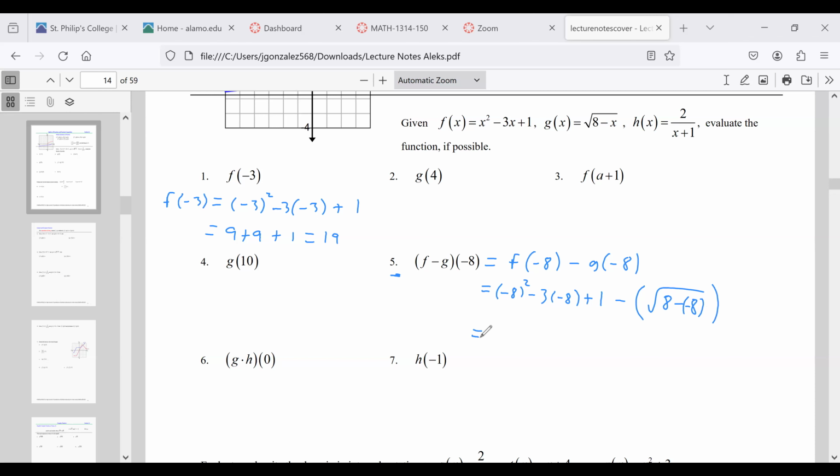Okay, so this would become 4, right? Right. -3 times -8. What's that gonna be? Positive 24. 8 minus minus, that would be, should be the -4, right?